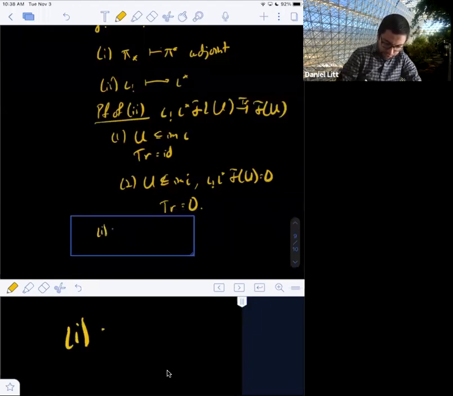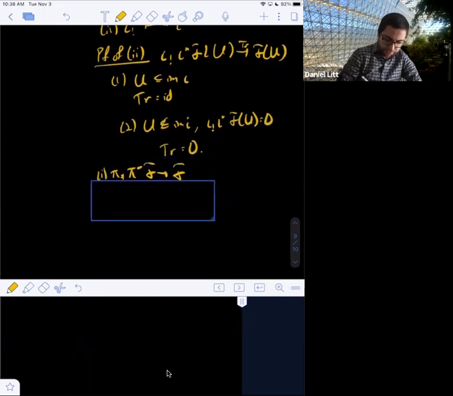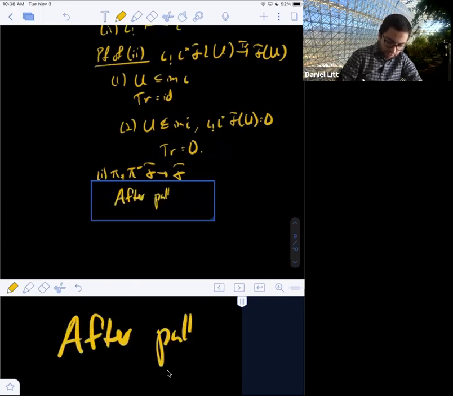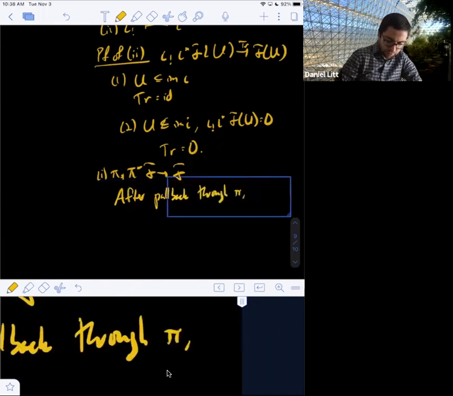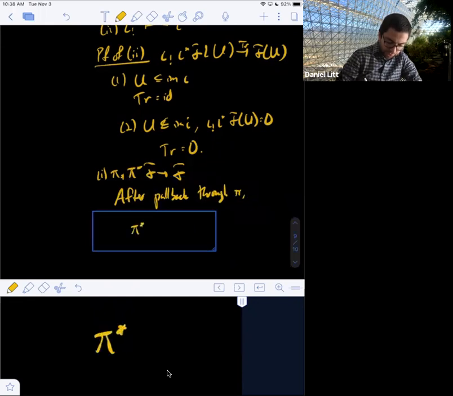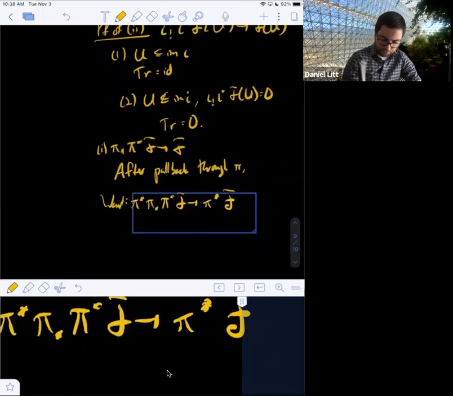In this case, we want to show that we have a map from pi lower star of pi upper star of f to f. The claim is that in fact we can do this after pulling back through pi, so that we get a map pi upper star of pi lower star of pi upper star of f to pi upper star of f. Where does this come from?